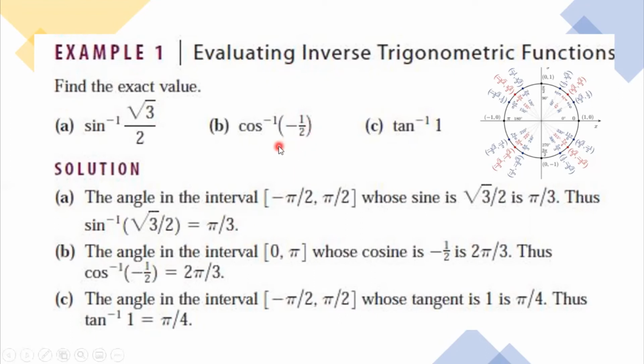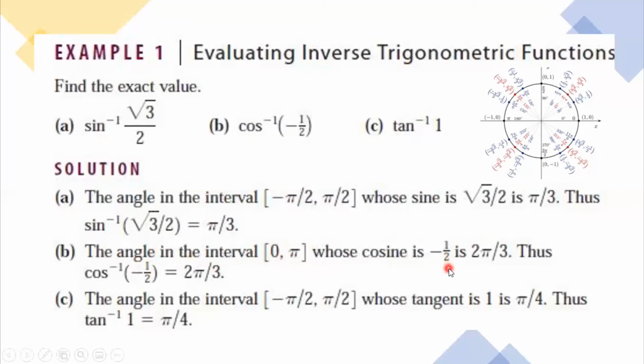What does this mean? This means that what is the angle that is in between 0 to pi? Take note, 0 to pi is the domain of the cosine function, on a smaller interval. The angle in the interval 0 to pi, whose cosine is negative 1/2.